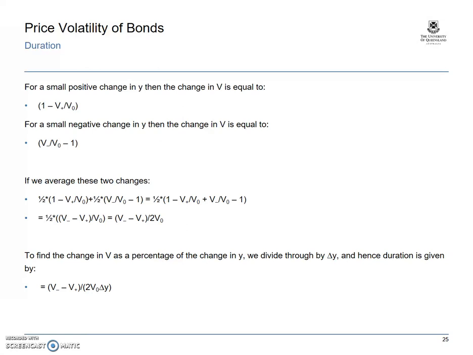For a small negative change in Y, the change in V is equal to V negative divided by V0 minus 1. And then if we average the two, you can see that we get V negative minus V positive over 2V0. And to find the change as a percent, again, we simply divide through by the delta Y.